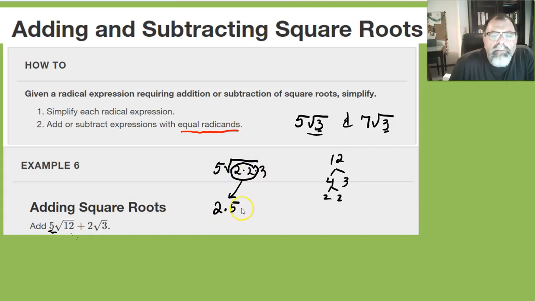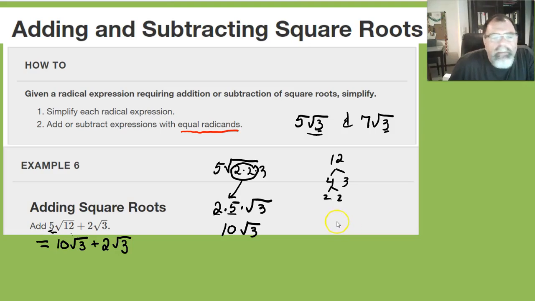You have the 5 that's already there, and then a 3 left over. And then 2 times 5 is 10. 10 square root 3. Okay, so 5 square root 12 is going to be simplified to 10 square root of 3 plus 2 square root of 3.